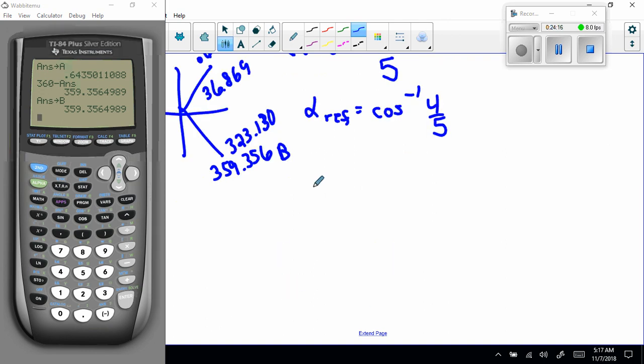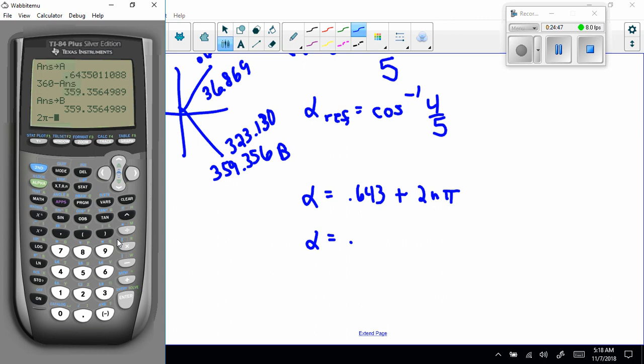So the answer is 0.643 plus 2n pi, and alpha is, excuse me, did I even get it? Oh, that was weird. I screwed up something. So it's 2 pi, take away, oh, it wasn't 360 minus the answer.